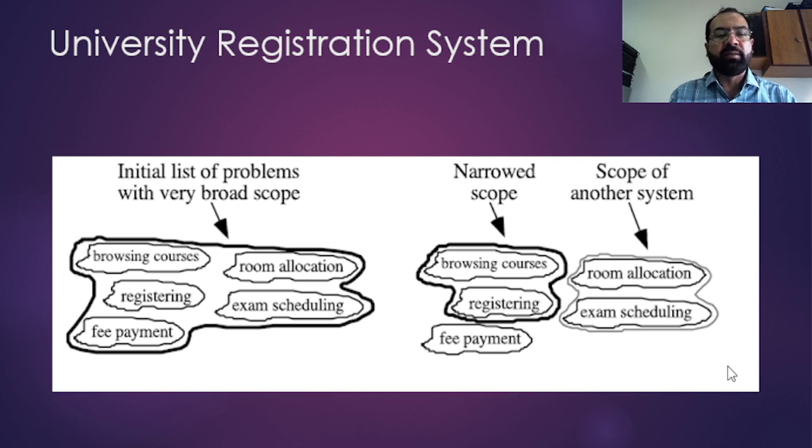You want to improve the registering process, fee payment process, room allocation, exam scheduling, class scheduling, for example, selecting a final project supervisor, so many things might come. Just for an example, you can see a few here.